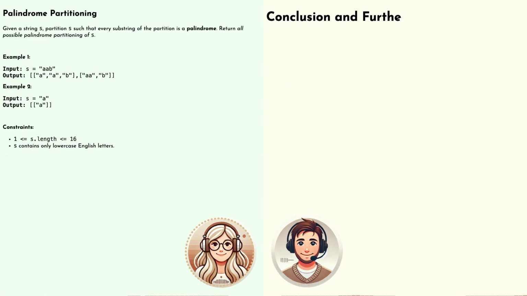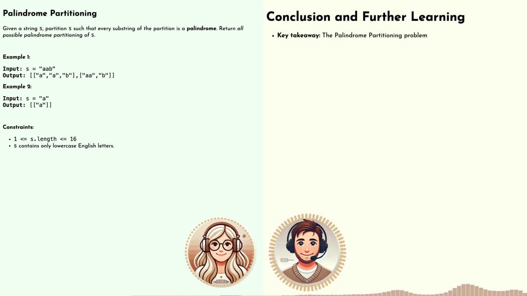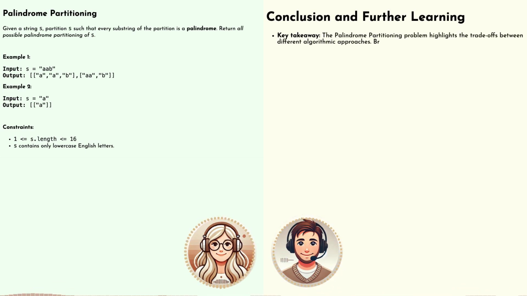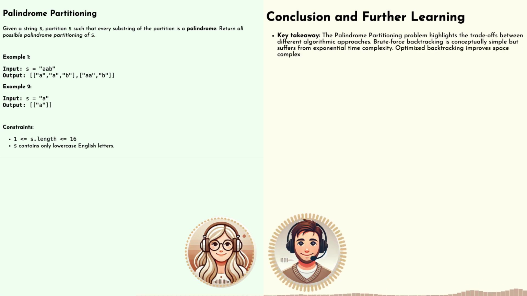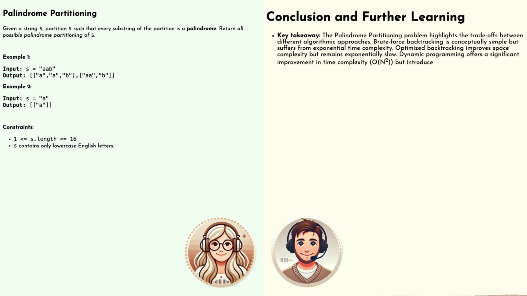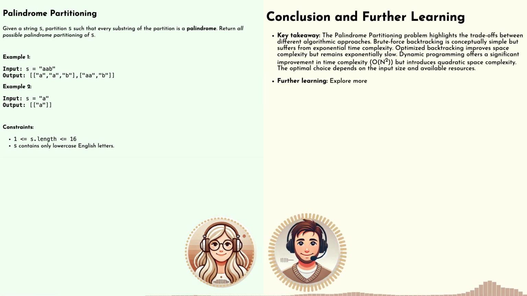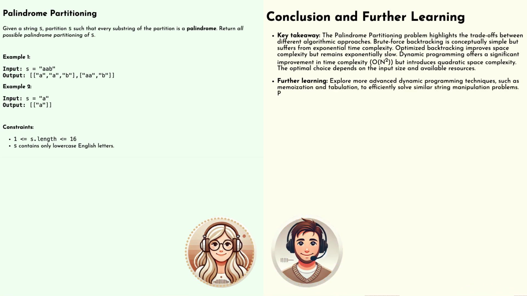Awesome. This has been a really fantastic deep dive into palindrome partitioning. It's been fun. We've covered 3 different approaches: brute force backtracking, dynamic programming with that DP table, and then optimized backtracking with in-place palindrome checking. We've gone through some pseudocode, looked at the trade-offs, and hopefully you, our listeners, have a much deeper understanding of how to tackle this classic problem now.